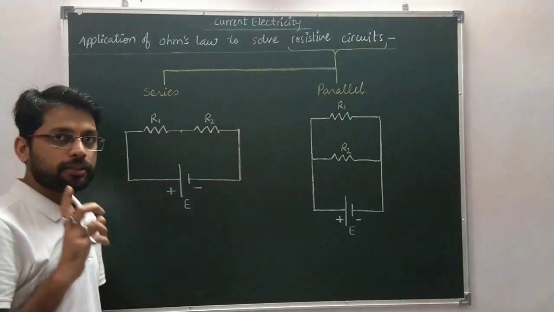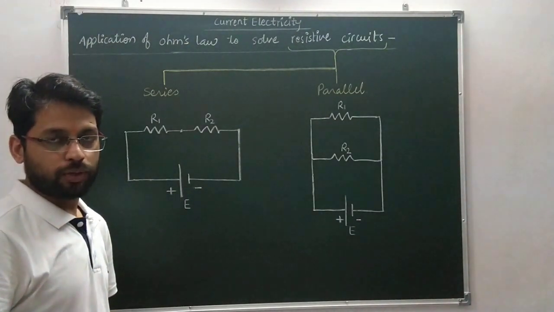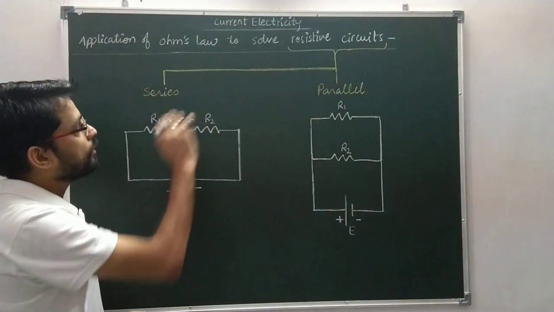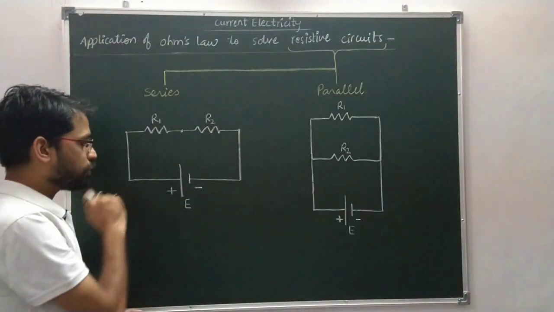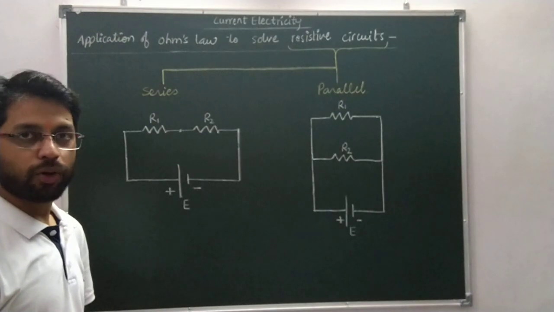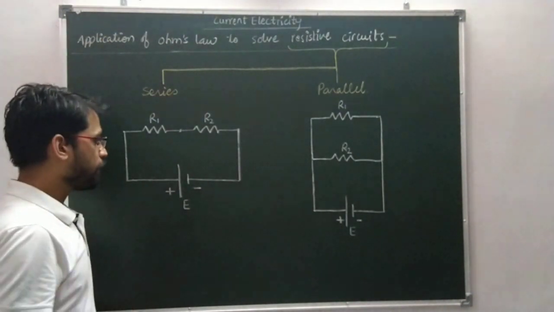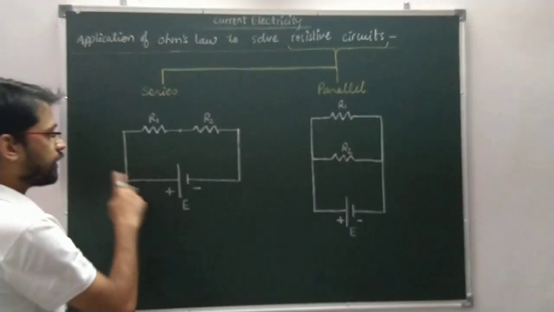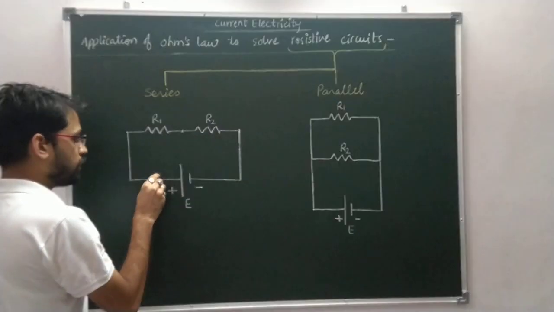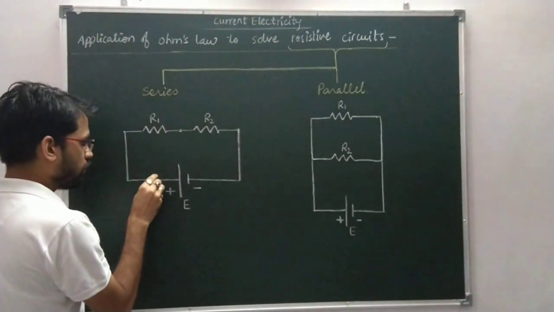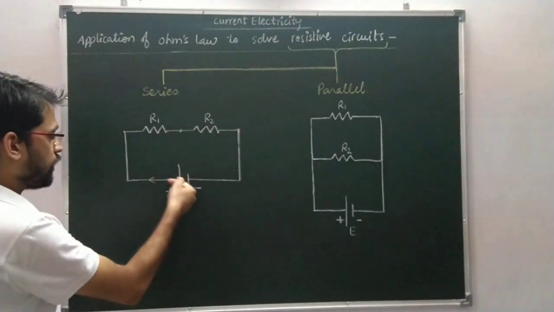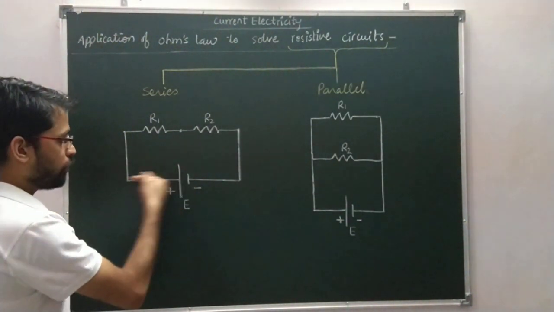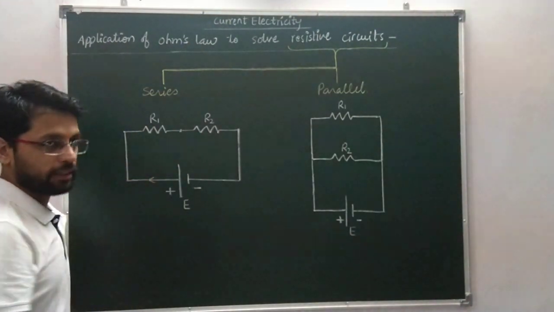Now, remember the first step to solve a resistive circuit. First step is to calculate the current drawn from the cell. Okay, so here the circuit is complete. So the current will come out from the cell and the direction will be from the positive terminal.